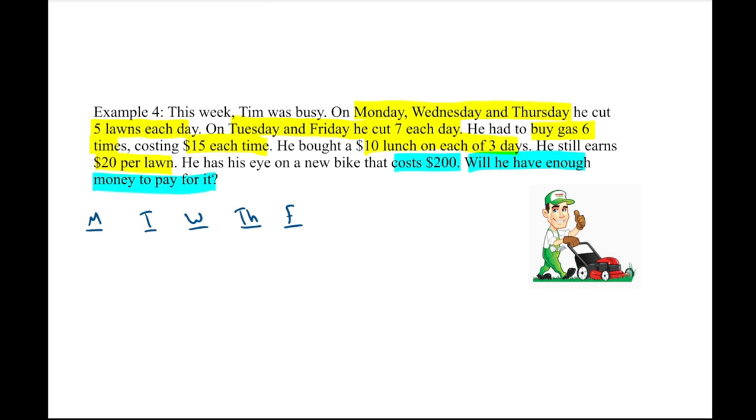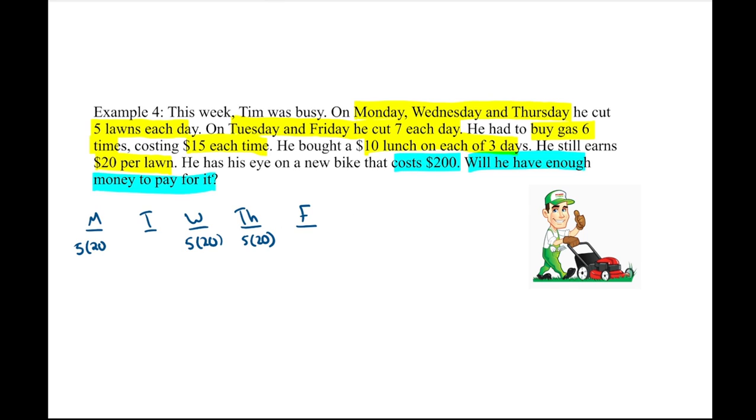And then we can do another way where it's just one long calculation. So Monday, Wednesday, and Thursday, he cut 5 lawns each day. So $20 per lawn. Rather than write out $20 5 times, I'm going to say 5 times 20. So 5 times 20 on those 3 days.